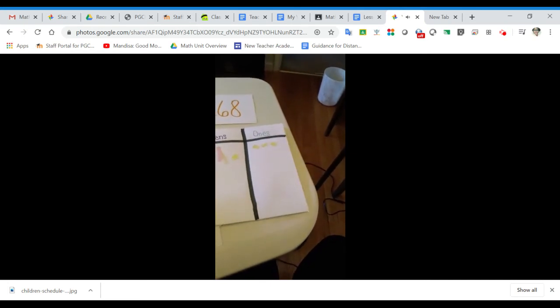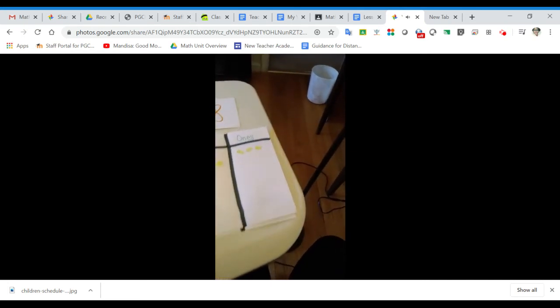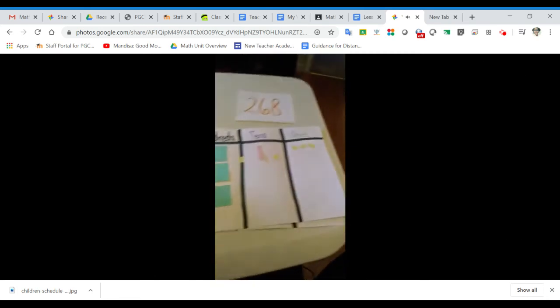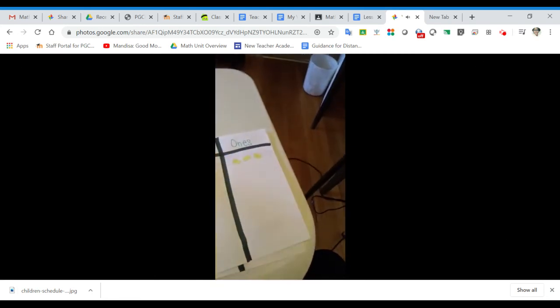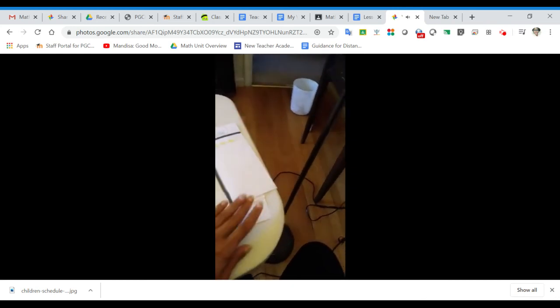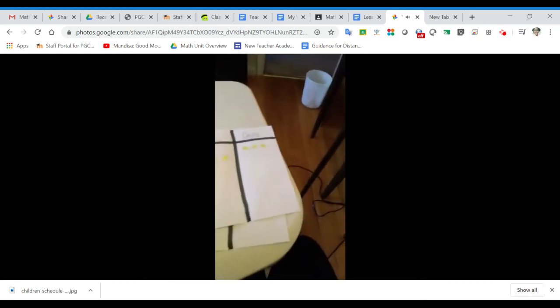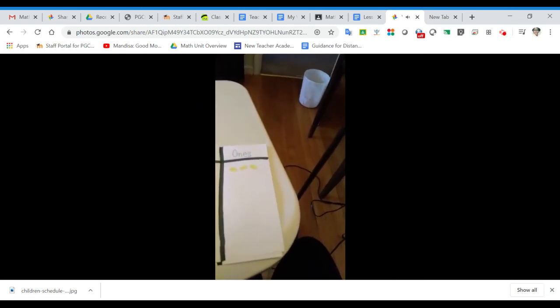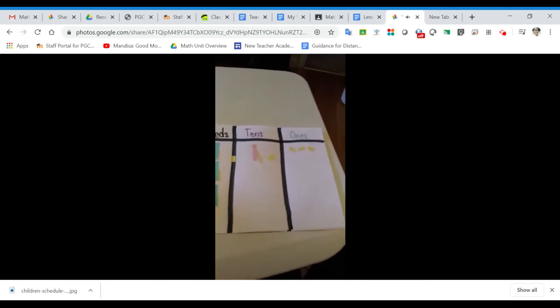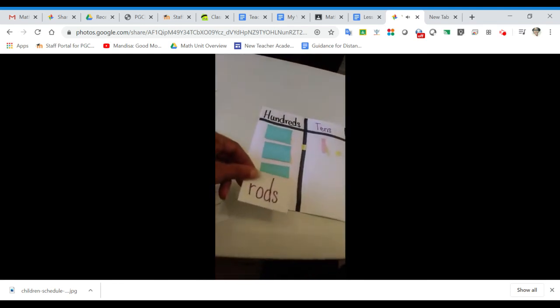Now, let's look at the second number. Okay. Now, on the second number that we have, we're going to remember that the manipulatives in the hundreds place are called what? Do you remember? Are they rods?